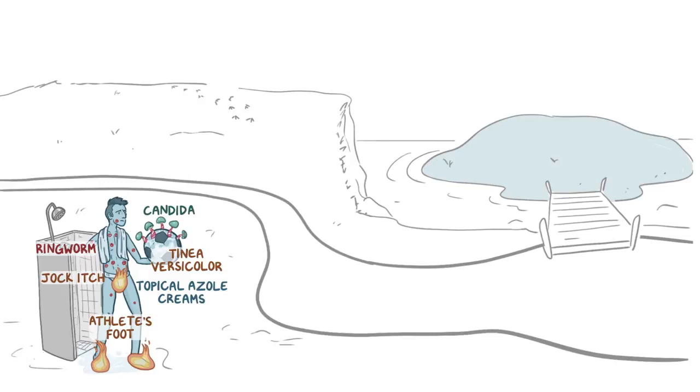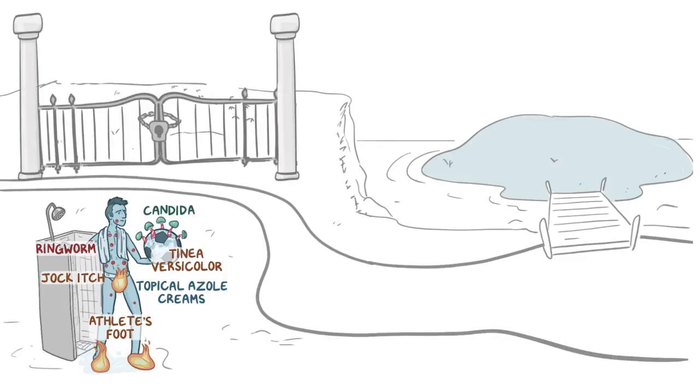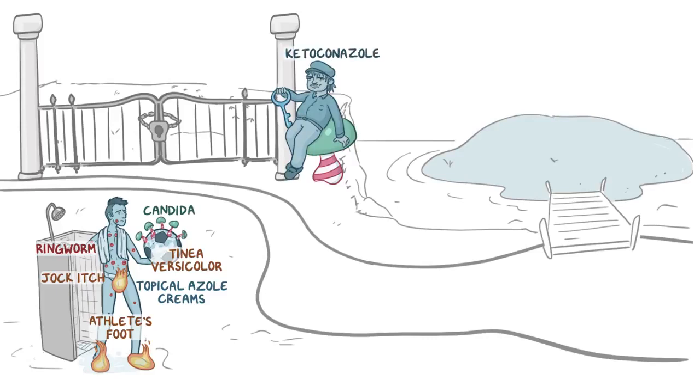Now, for the systemic azoles, let's have a street that's narrow on one end and wide at the other for the different spectrum of the azoles. On the narrow end is a gate, and the gatekeeper has a giant key for ketoconazole. The gatekeeper is sitting on a giant candy mushroom since candidiasis is the only indication for this drug.